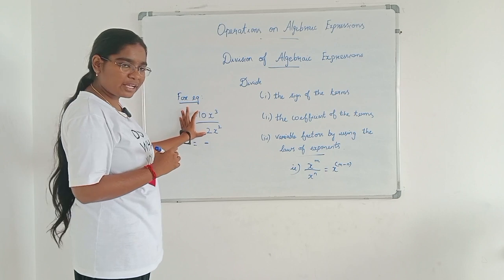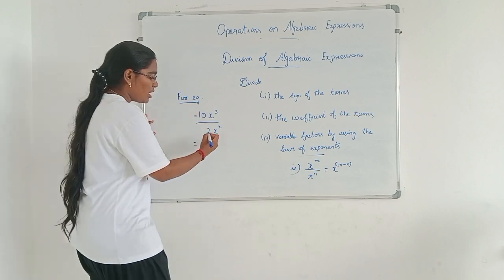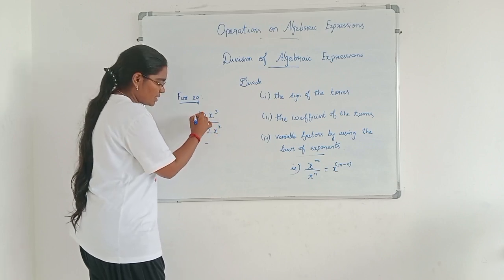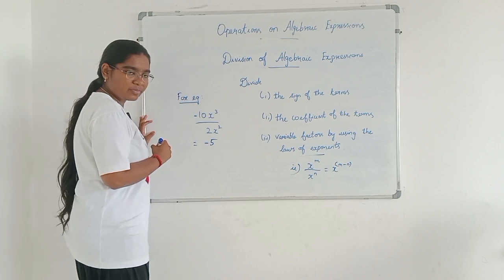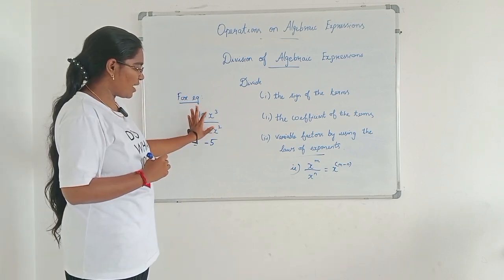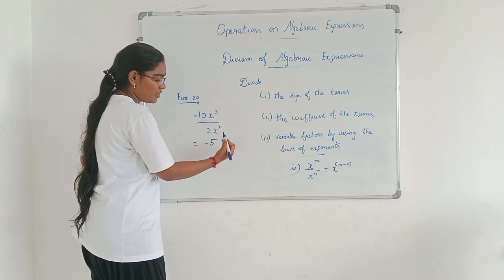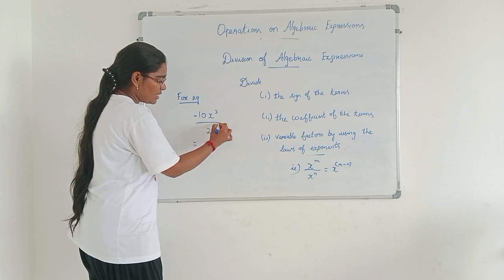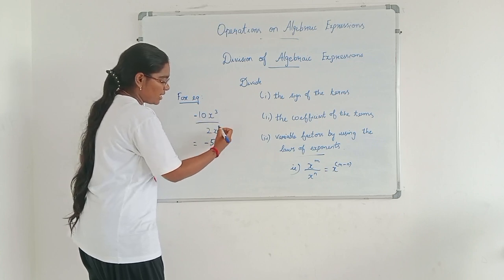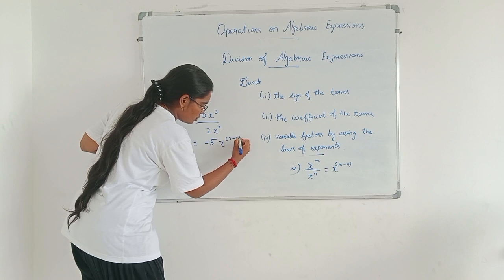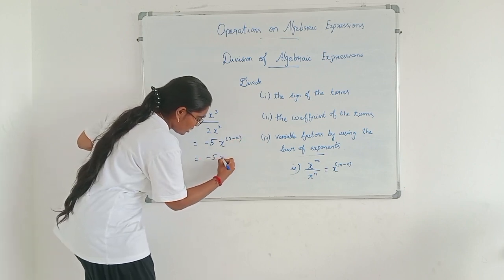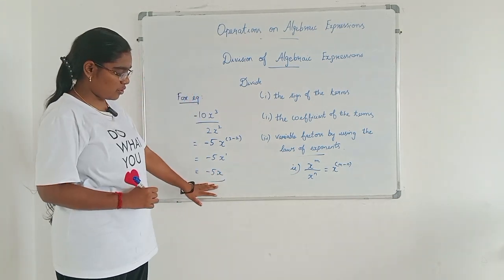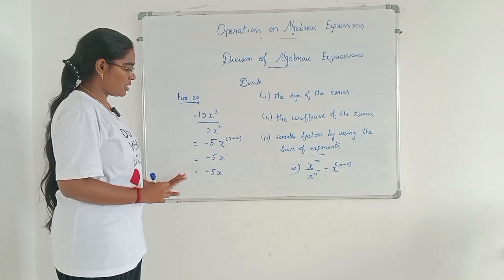Next consider the numerical coefficients, 2 and 10. In the multiplication table of 2, this 10 is 5 times, so 5. Next the variables: x to the power of 3 divided by x to the power of 2. Same base in division format, so you have to subtract: 3 minus 2, 1. So minus 5x. This is your final answer.